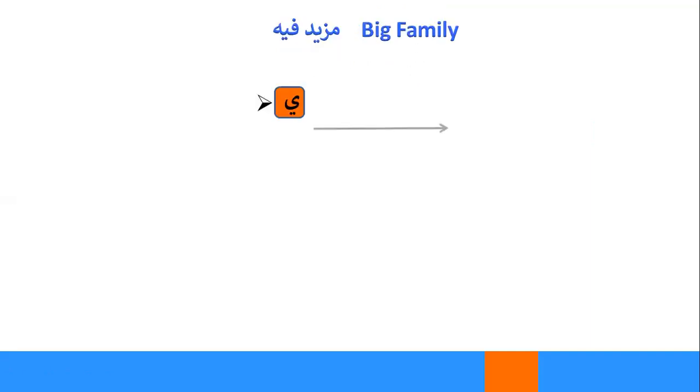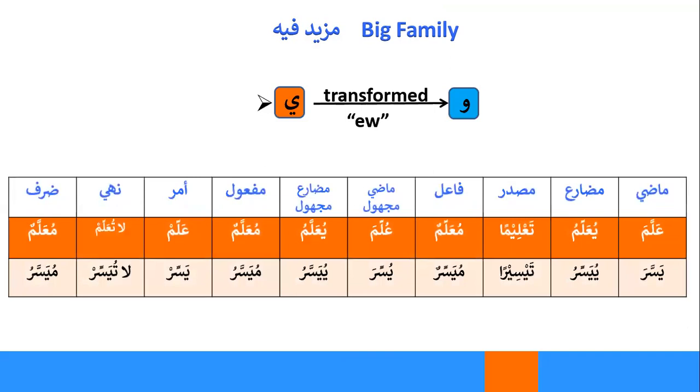Now let's look at the big families. A Ya is transformed in order to avoid the e u sound to Waw like before. So over here, if you have the Shadda family, the Allama family, absolutely no irregularities.